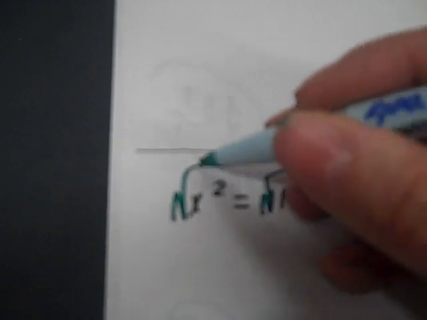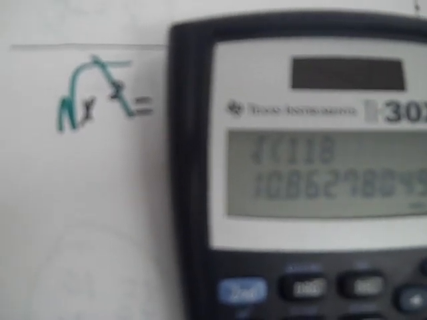Okay, what number times itself is 118? That's what that's asking, in English terms. So I find the square root. 118, no, not in here, so I got to use my calculator. So second, 118, 10.86. You could also have negative 10.86.